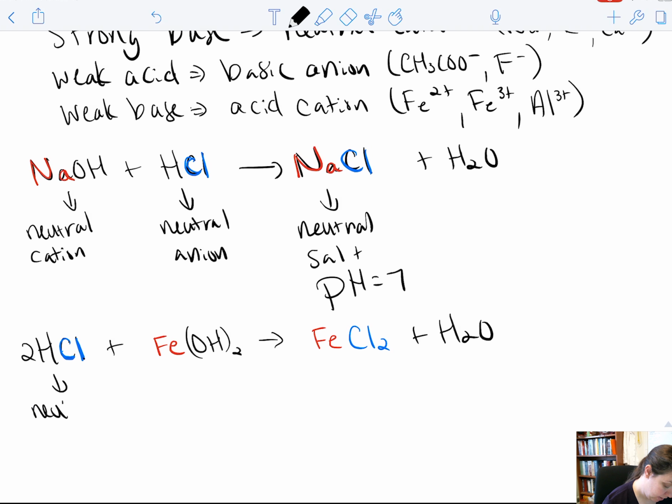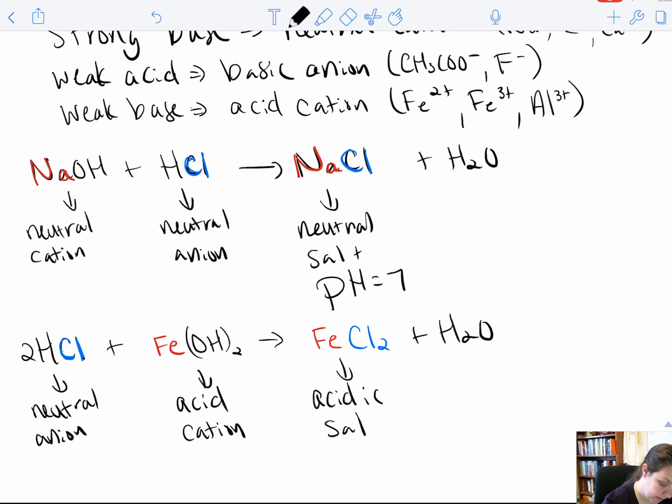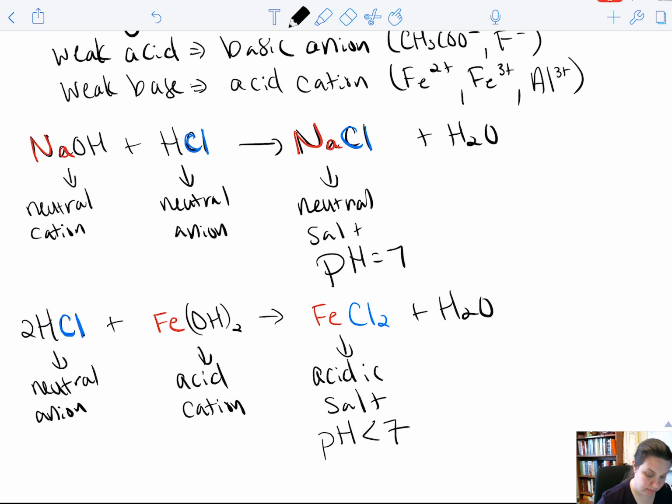Here we have a neutral anion. We have an acidic cation. We have an acidic salt. So the pH will be less than 7.